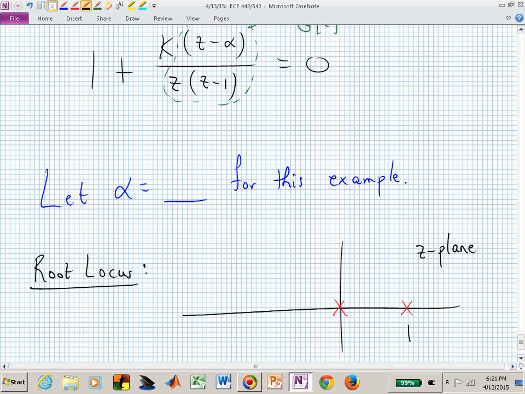Does that help us decide where we want to put the 0? There's a lot of different choices. Could we cancel the pole, any of the poles with a 0?